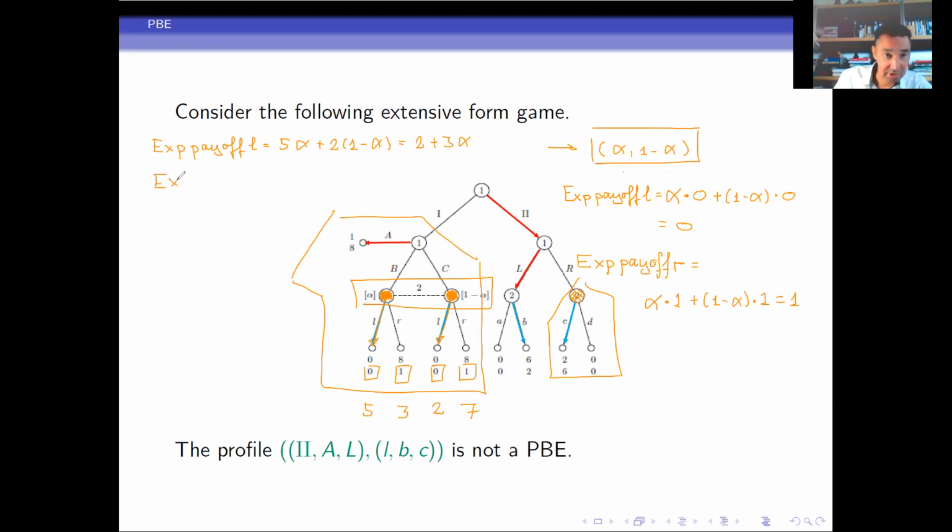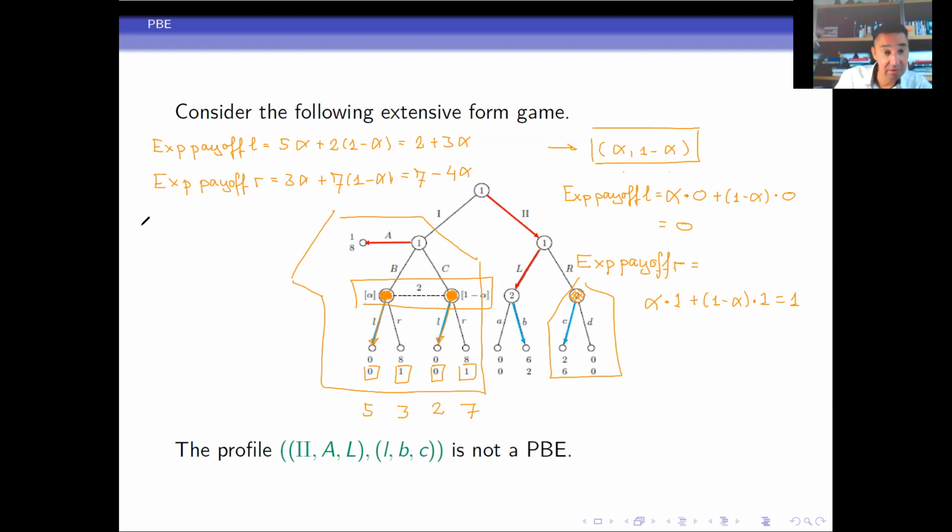And you can do a similar calculation for choice over right, which would give you 3 alpha plus 7 times 1 minus alpha, which is a net profit of 7 minus 4 times alpha.